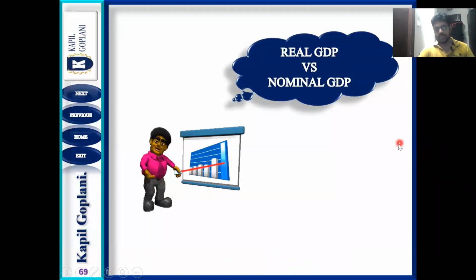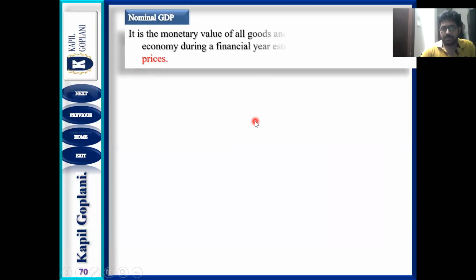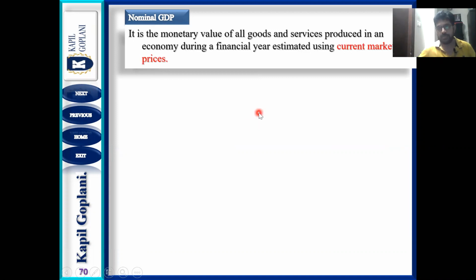First and foremost, if we talk about nominal GDP, see, the word GDP you already know, it means gross domestic product. Now when you are calculating GDP on the basis of current year price, meaning your calculation of GDP is based on current market price, then the GDP that you get, the GDP that is calculated, we will call it nominal GDP.